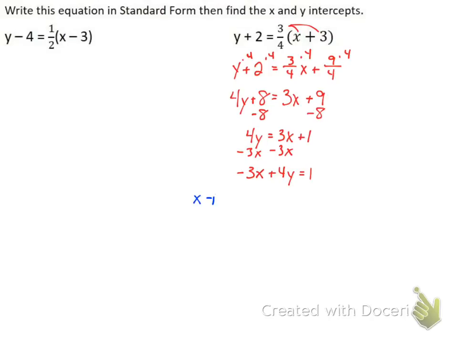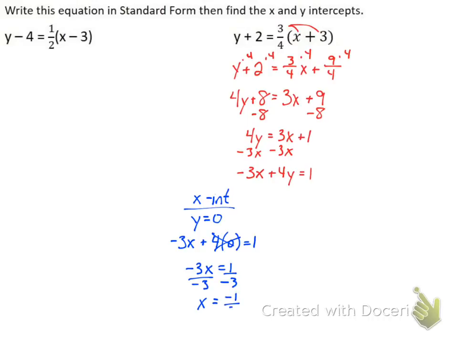Then from there I can go ahead and find my x and y intercepts. So my x-intercept is when y is equal to 0: negative 3x plus 4 times 0 is equal to 1. So negative 3x is equal to 1. Divide both sides by negative 3. So x is equal to negative 1/3. Again, show it as an ordered pair, which is the ordered pair negative 1/3, 0.